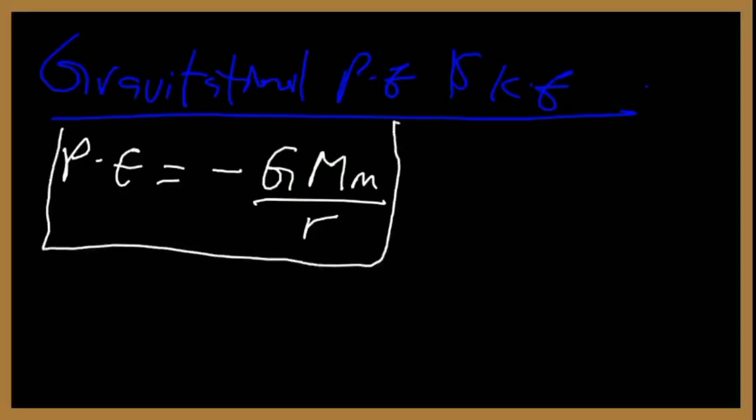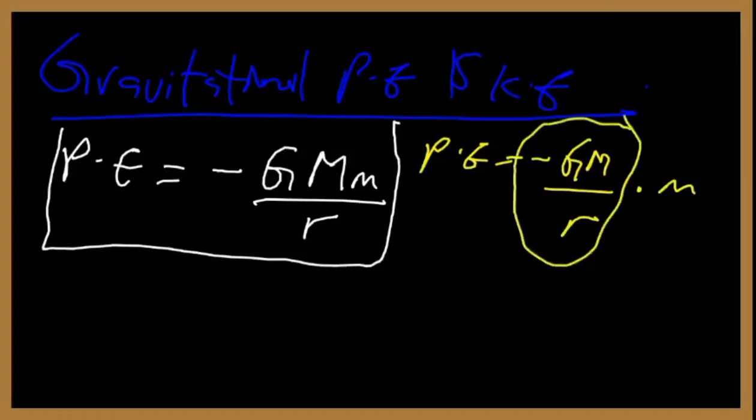But I want to deduce something. My potential energy here can be equal to negative GM all over R times m, right? Remember, negative GM all over R is the gravitational potential, which is V. So therefore my gravitational potential energy will be equal to Vm. Just take note of it.